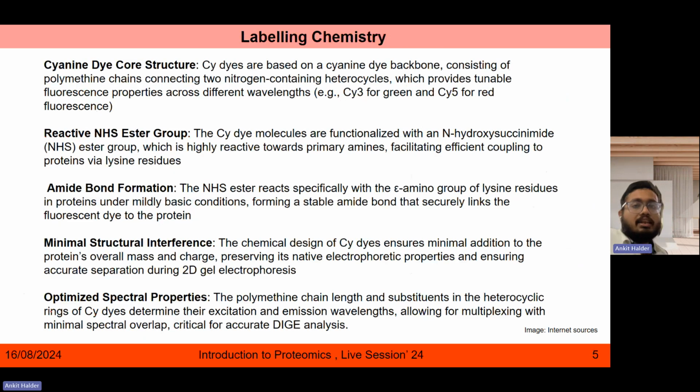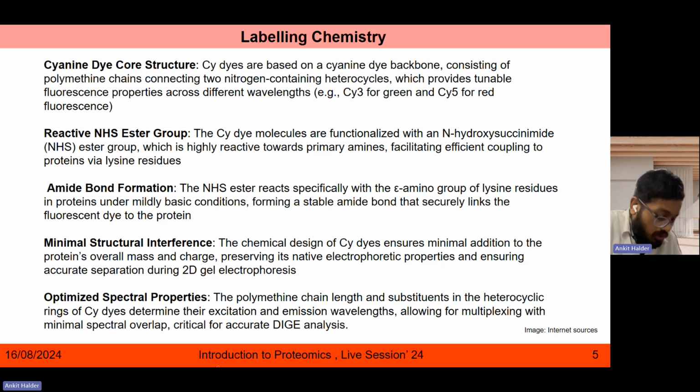So now, what is the chemistry? We have understood that we can attach our dye to a certain percentage. It is less than 1% for minimal labeling, whereas for much greater extent for saturation labeling, we can add in the lysine residues, or in the cysteine residues. So basically, how does it happen? The cyanine dye core structure.